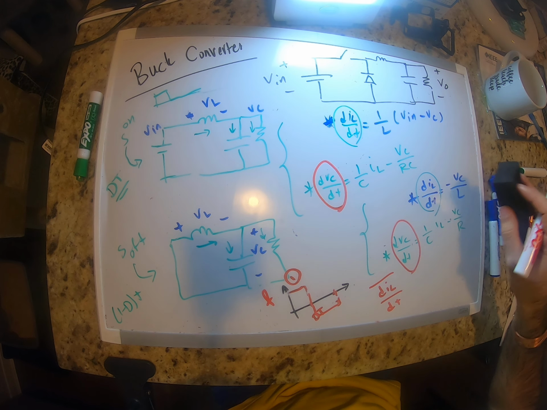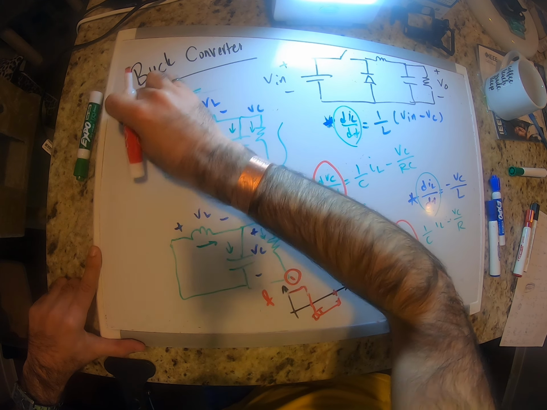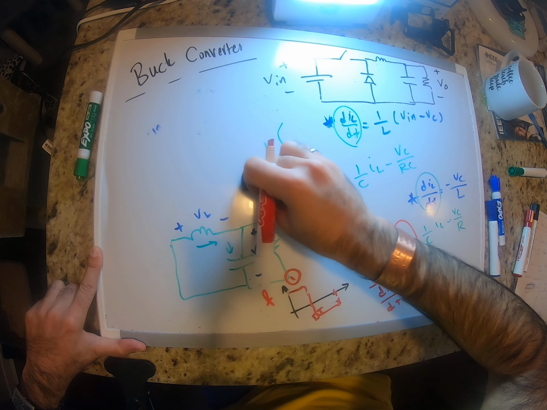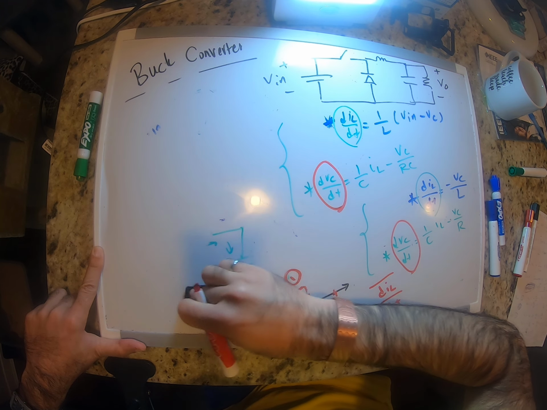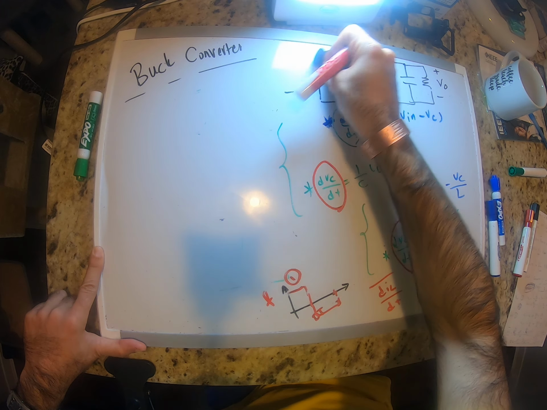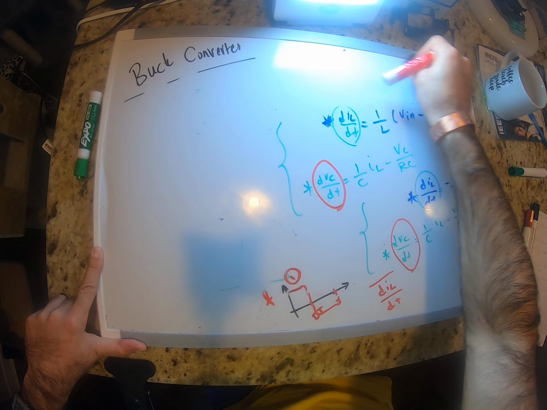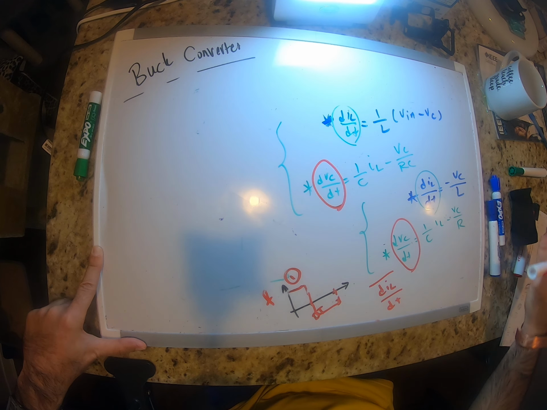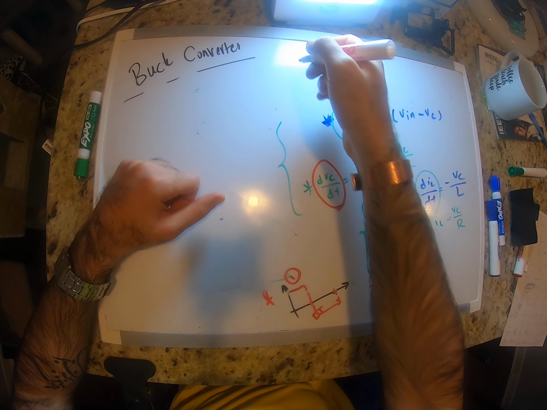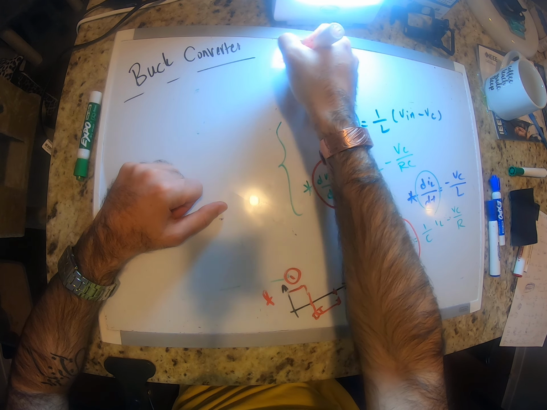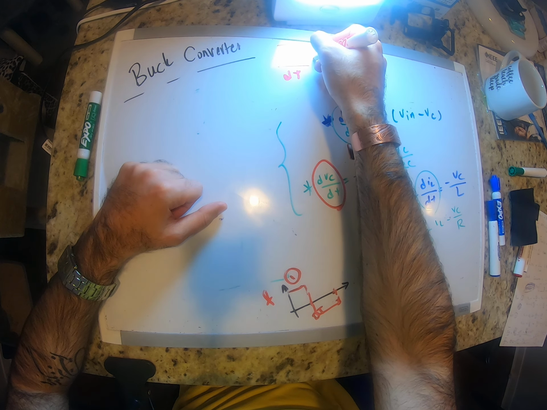From this point on, now that we have the equation, we don't need the circuit anymore. We needed the circuit to derive the equation. Now I want to find the average value of dIL over dt.